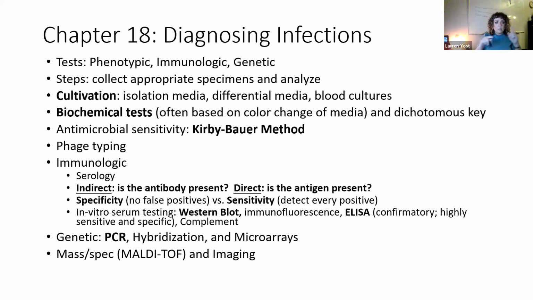Based on whether it's positive or negative for each test, you have a number that it will tell you how to interpret. You plug it in and you get that your answer is E. coli. So that is how biochemical tests often work today. But it's the same thing as a dichotomous key, just that we have a computer doing that for you.